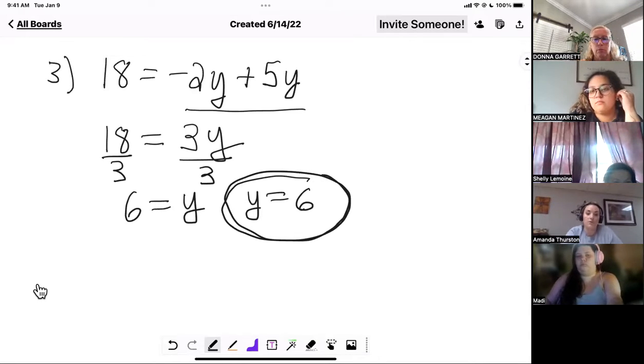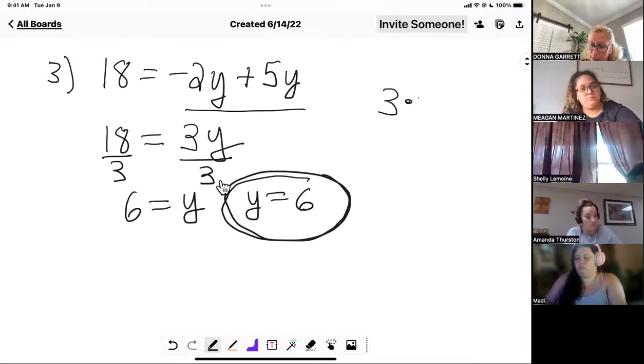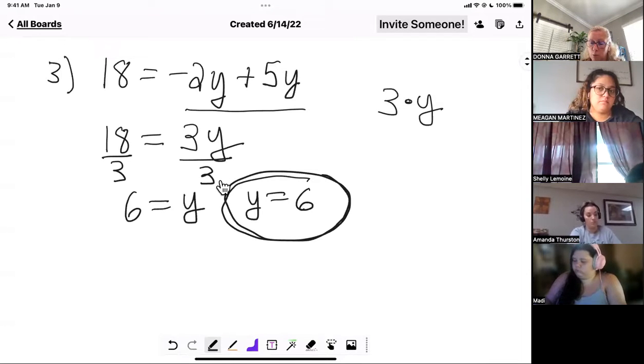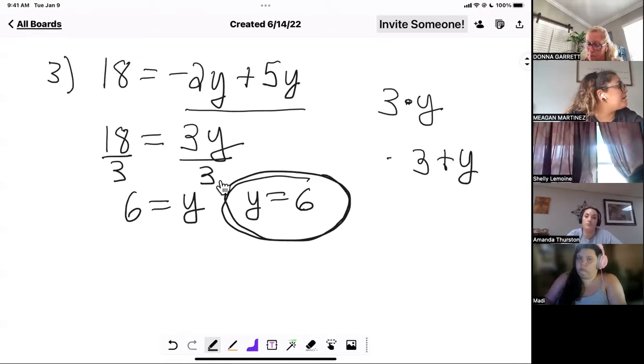Why would you divide it and not subtract 3? Okay, because 3 is really held together with y with multiplying. We just don't write multiply. So the opposite of multiplying is dividing. You don't want to subtract 3 because it's not being, let's put it this way. Here's when you subtract 3. Now, this is positive 3, right?